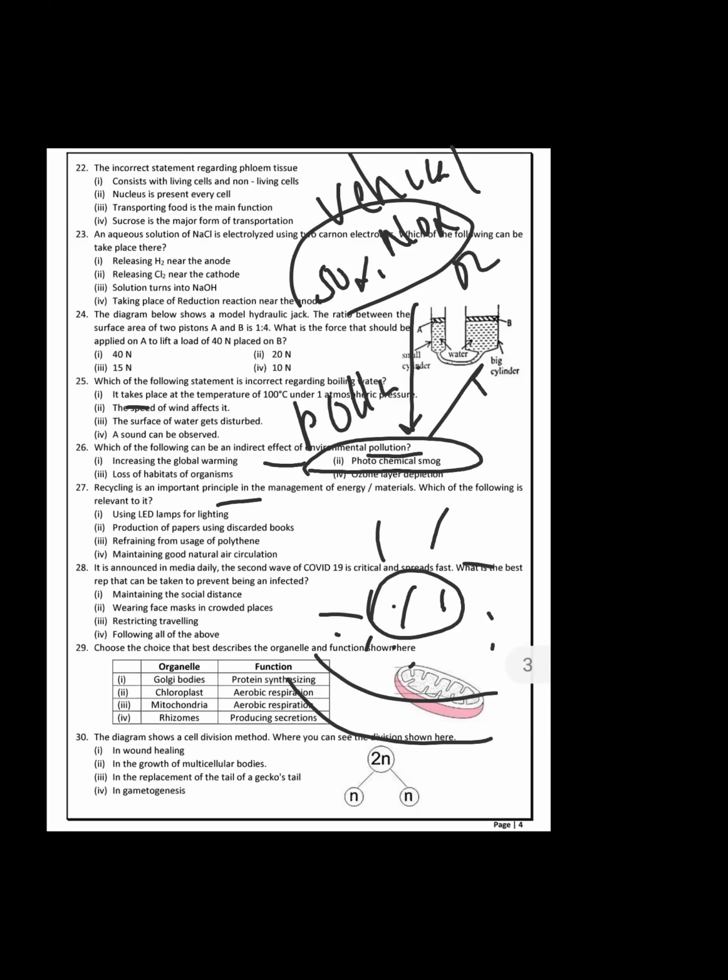27. Recycling is an important principle in the management of energy and materials. Which of the following is relevant to it? Using LED lamps for lighting, production of paper using discarded books, refraining from usage of polythene, and maintaining good natural air circulation.